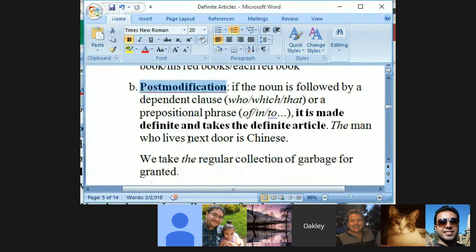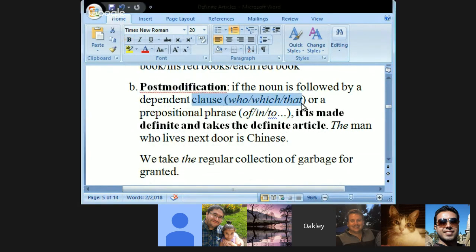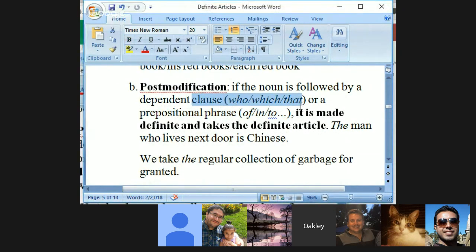Post-modification: if the noun is followed by a dependent clause, a relative clause for example, which defines the noun. He is the man who sold me my car. Well, I'm defining him, and that's why it's called a definite article. It's been defined. So frequently we're talking about relative clauses.